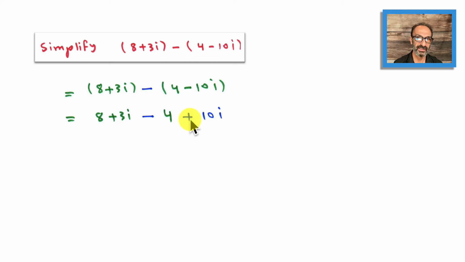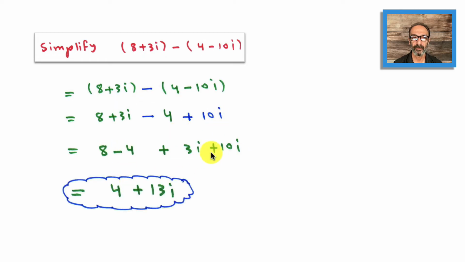Now we go back to the same as the last example. We look at the real parts and combine them, imaginary parts and combine them. So I have 8 minus 4, which is 4, and 3i plus 10i is 13i.